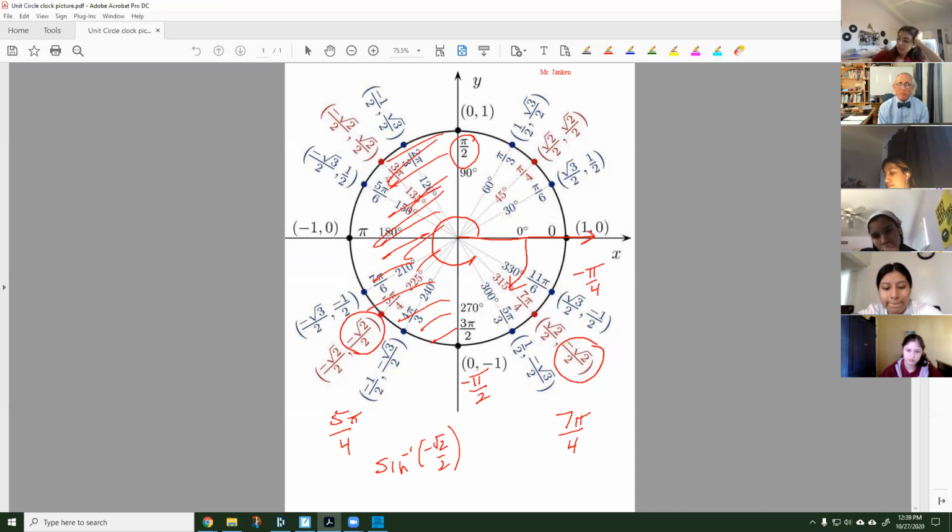The way I can get to this angle right here is by going negative pi over 4. So inverse sine of negative radical 2 over 2 is negative pi over 4. This is our number. This is our angle.